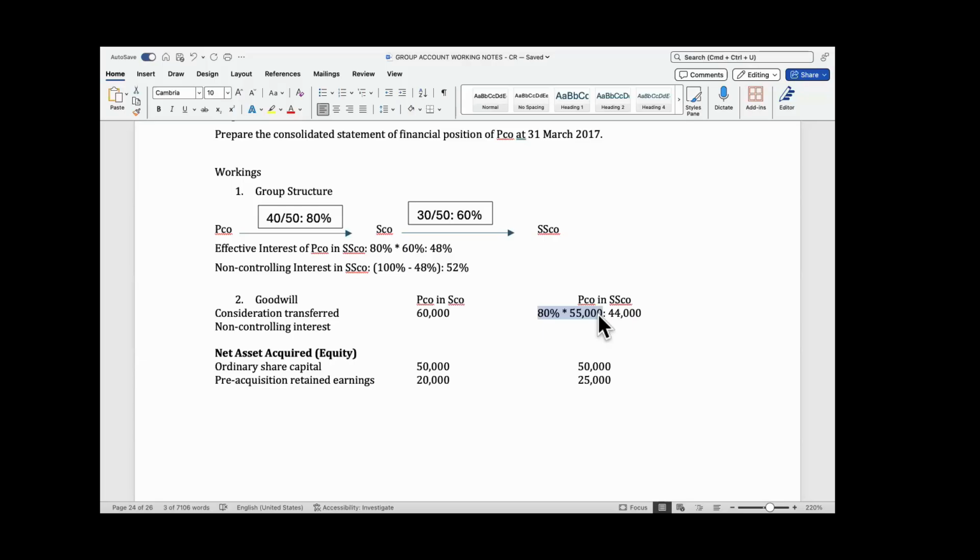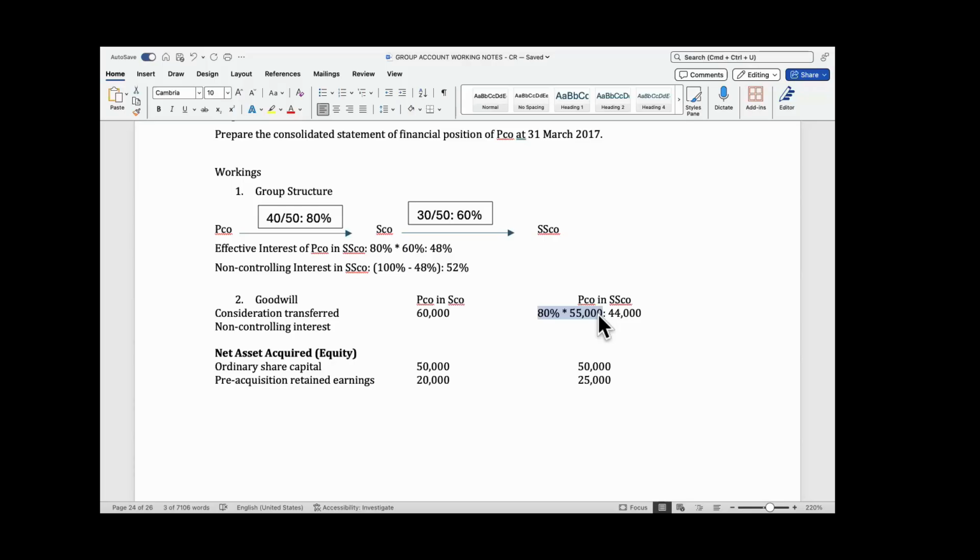So out of that 55,000, the parent's payment portion is not 48%, it's 80%, because the parent has 80% in ESCO.